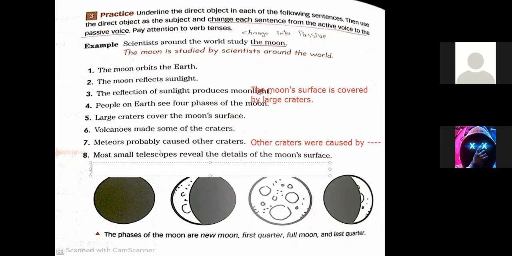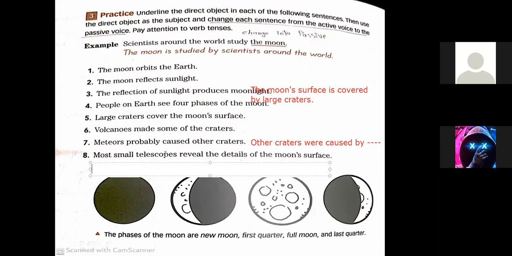Where's the object of this sentence? Can you hear me? We said that the object comes after the verb, yes? Only surface? Muhammad, read the sentence, please.